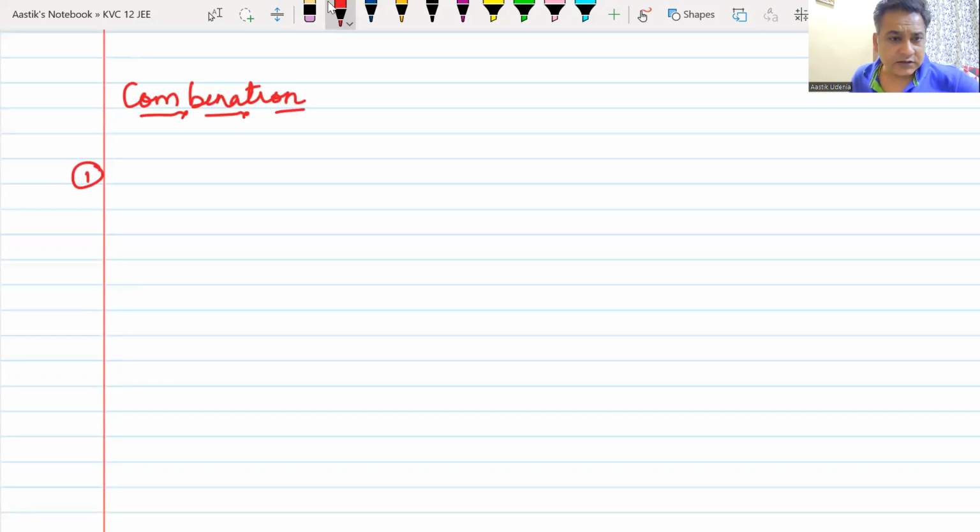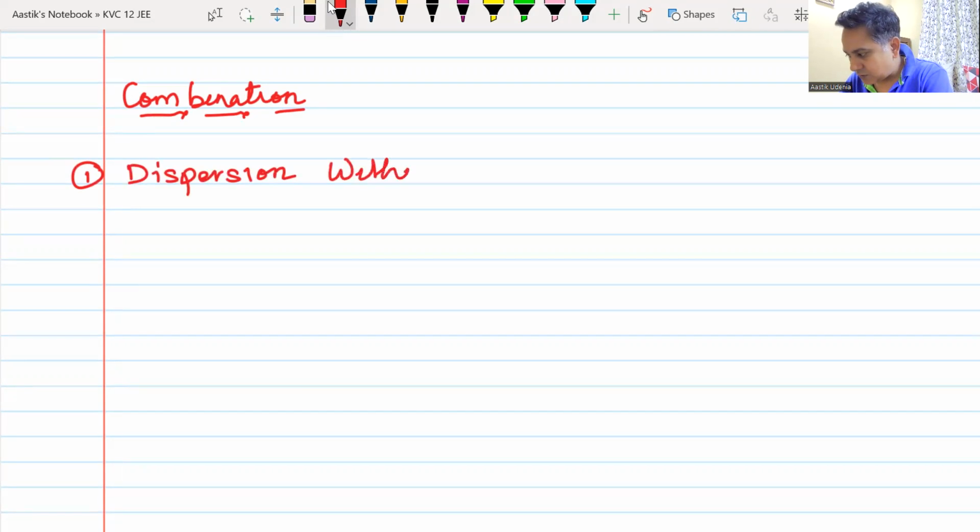One is dispersion, the other one is deviation. So there are two types of combination. The first combination is known as dispersion without deviation.